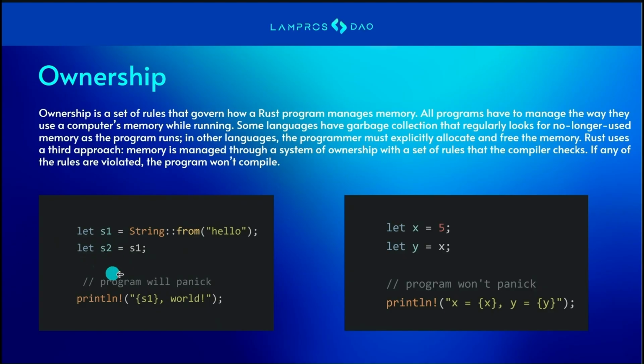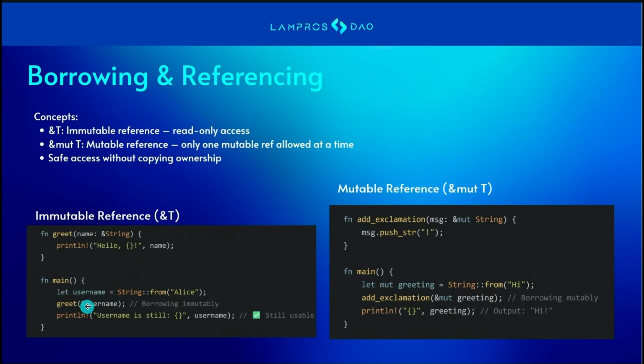So now s2 holds the ownership of hello, which has been transferred from s1 to s2 because we have not used the ampersand sign. Here we have used the ampersand sign, right? So now the greet function has only borrowed alias. It will be able to print the name alias, but it does not have the ownership of alias.